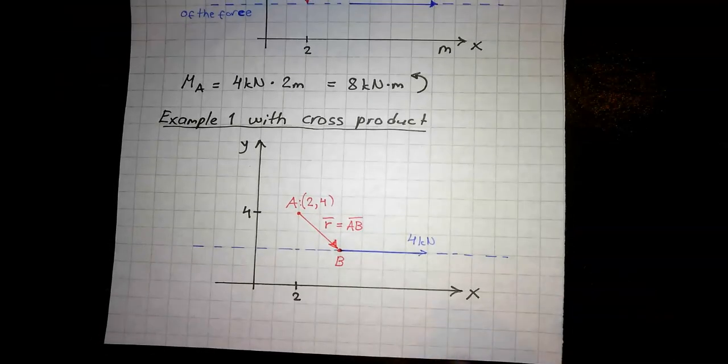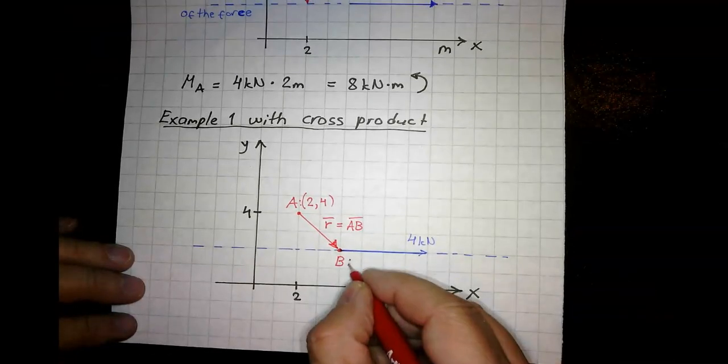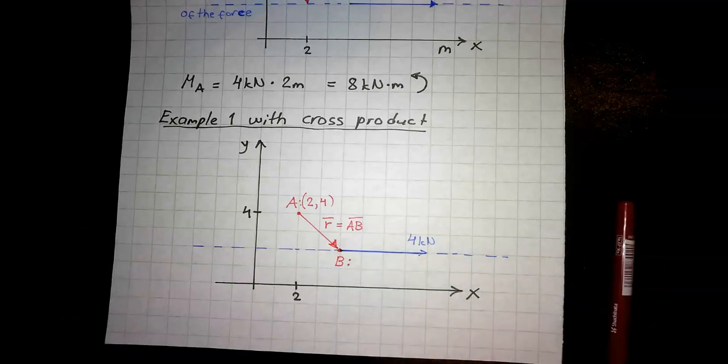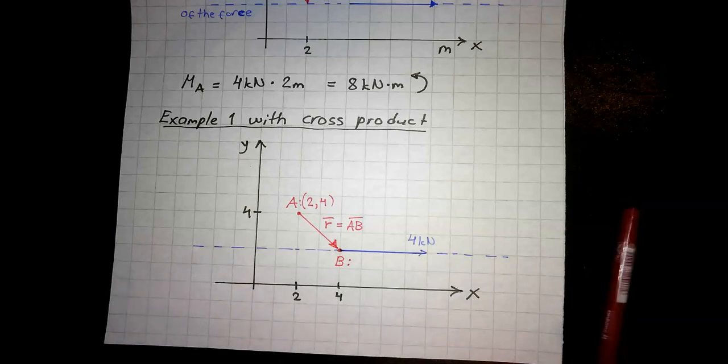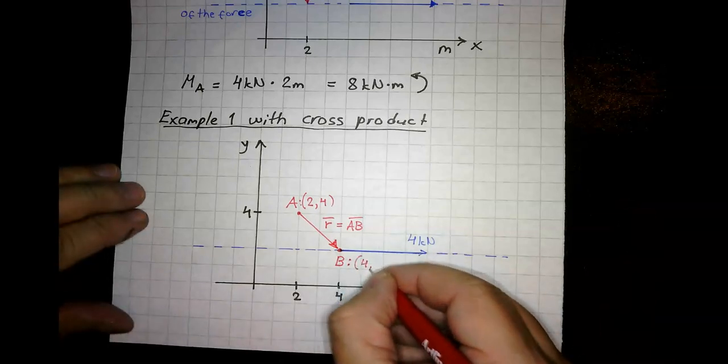So we see that the coordinates of B in this picture are 4 and 2.